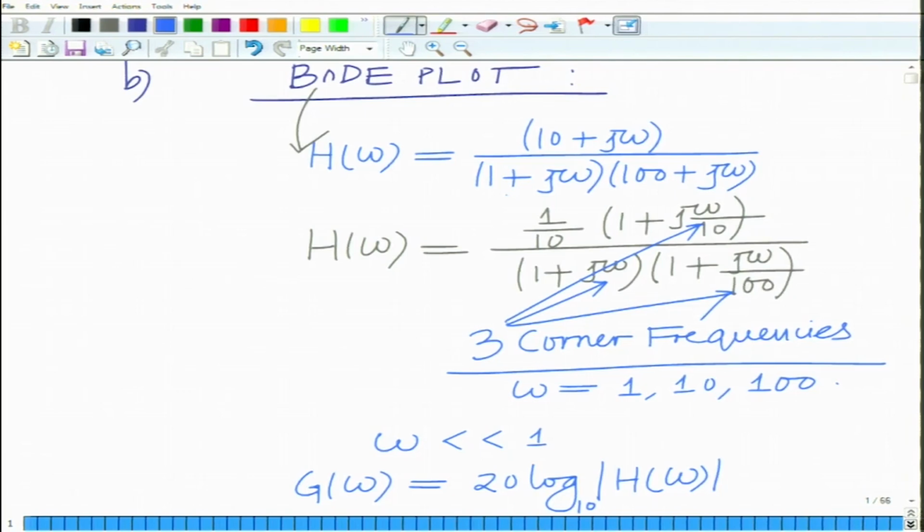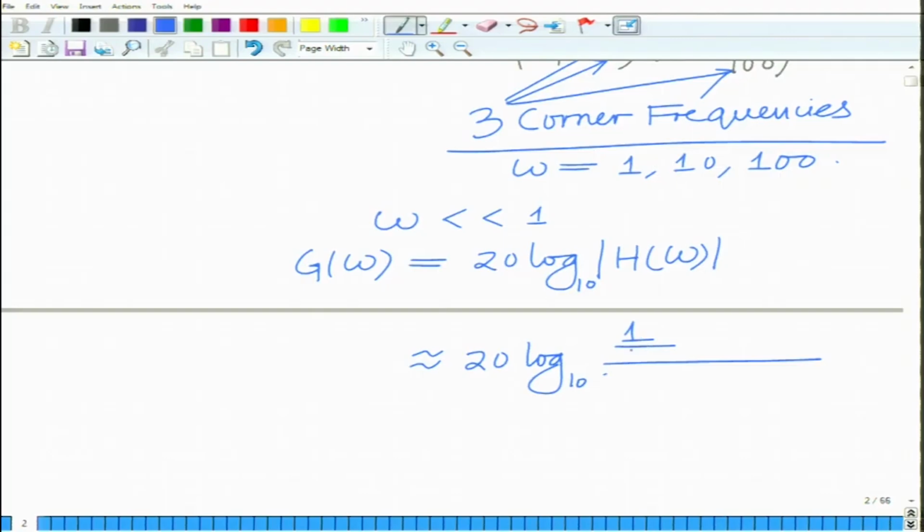All the terms simply reduce to the constants. So, g of omega simply reduces to 20 log to the base 10 of 1 over 10 times 1, which is basically minus 20 dB.